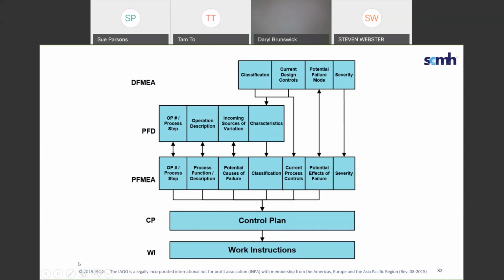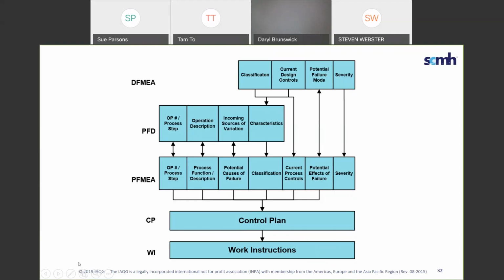So there's a cause and effect relationship between the different tools and how they play. And the idea here is to make sure that we understand that, for example, I could have a design failure that impacts a process step on a process that you actually are using to realize the product.